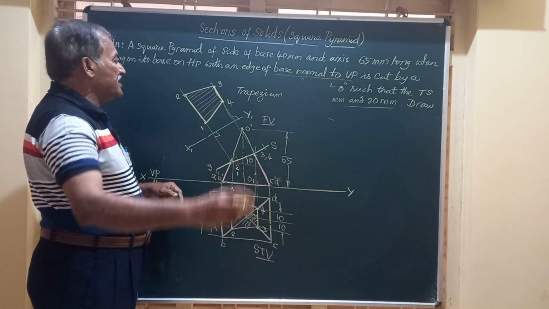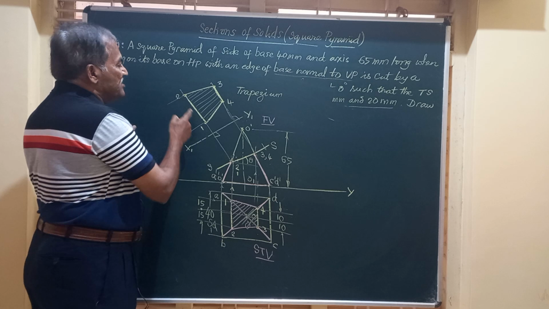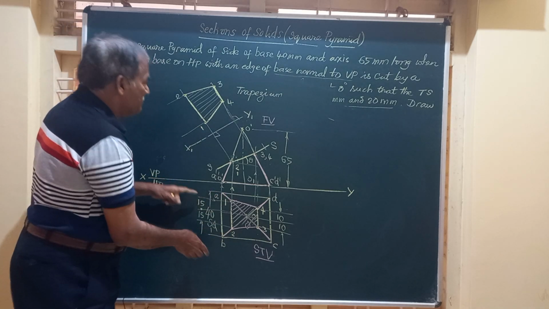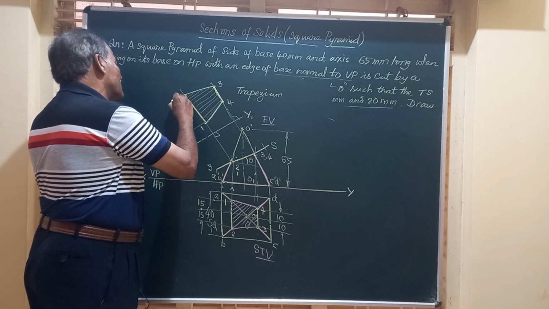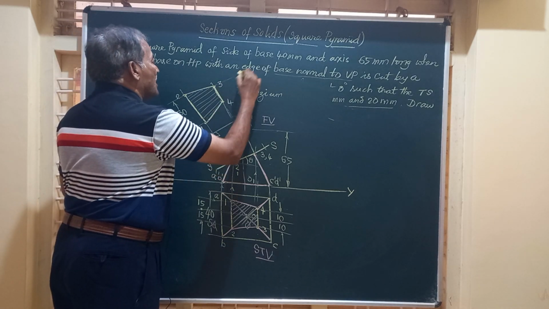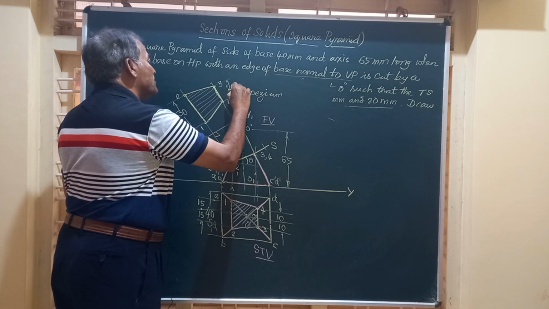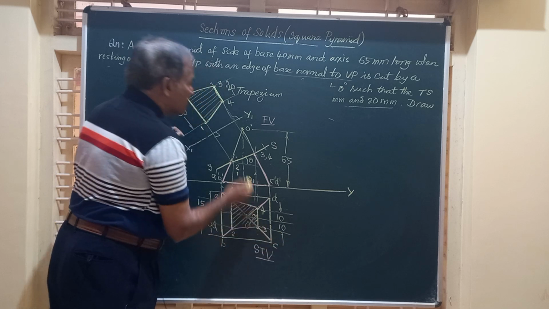And friends, one important thing here is, if you measure this distance, very obviously it has to be 30. So this is 30 mm. One of the sides, the longer side of the trapezium, and on the other side, it is going to have dimension 20. So this is 20, and 10 plus 10 is 20.